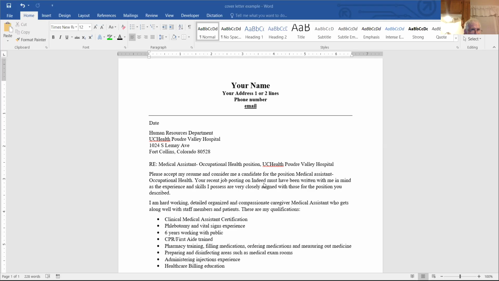Identify where you found this listing. They really appreciate finding out that the money that they pay Indeed and Monster and Careers.com and all the other places that they advertise, they want to know they're getting some results from that. Now, they don't expect to hire everybody that's there, but what they want to know is how you found it.